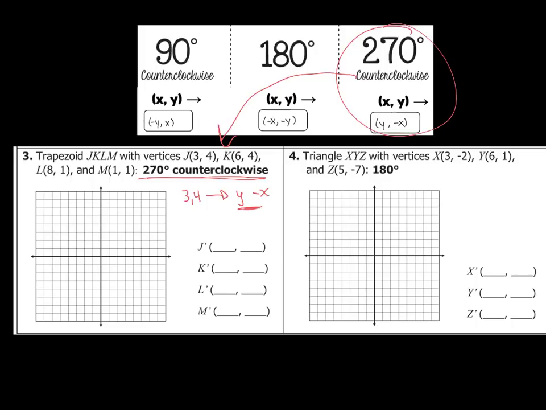They're switching spots, and the X is switching signs. So 3, 4 is going to go to J prime. They're switching spots, so 4, 3, and the X is going to get the opposite sign. For L, 8, 1 is going to go to L prime. They're going to switch spots, and the X is going to switch signs. So you go ahead, press pause, and finish this problem.